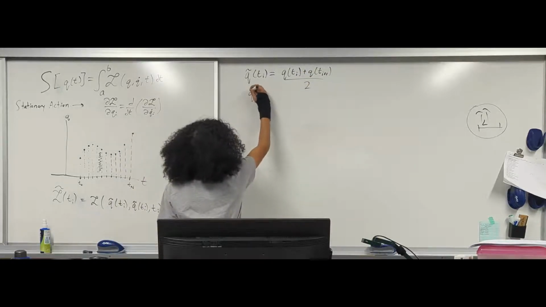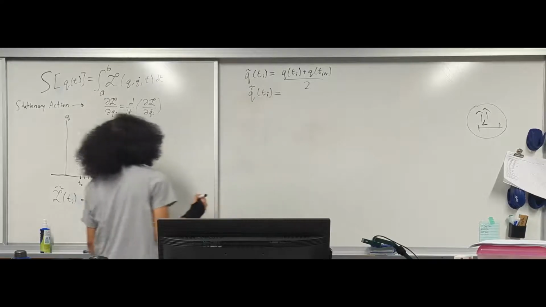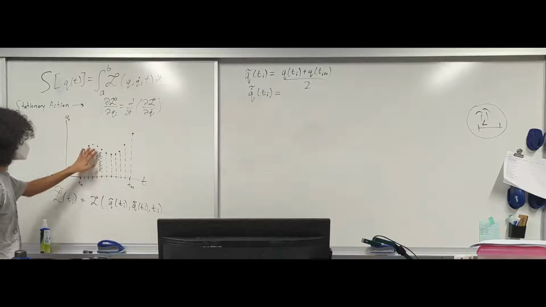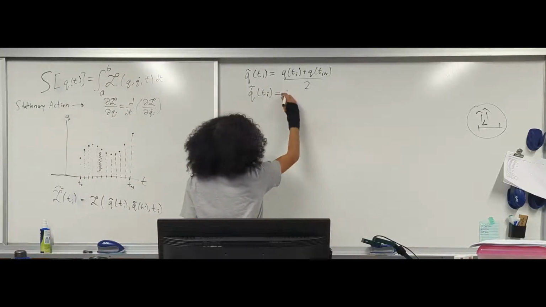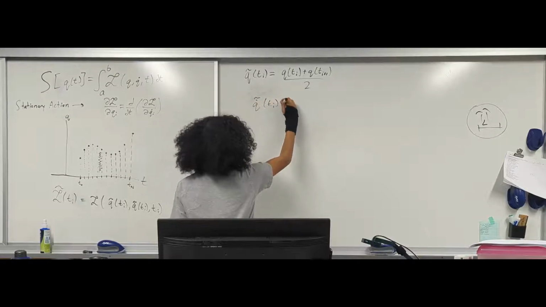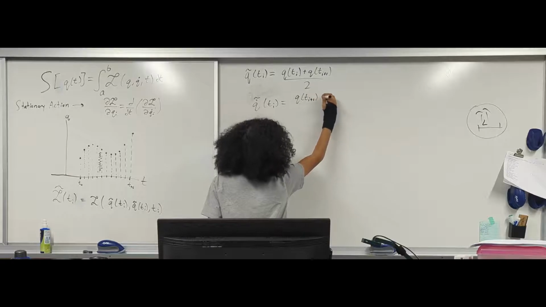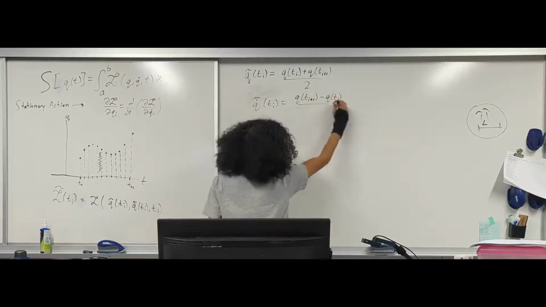And then for our average velocity, we can use, again, not exactly that, but our familiar idea of what an average velocity is, which would be q of ti plus 1 minus q of ti, divided by delta t.